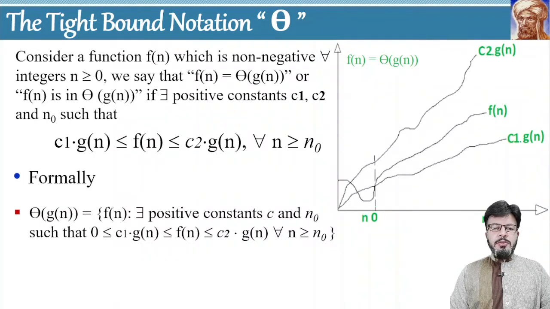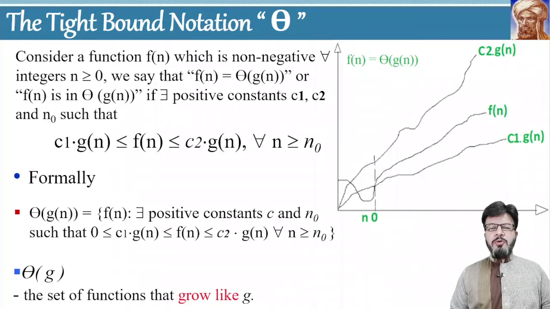Formally, theta of g of n is equal to the set of all functions f of n such that there exist positive constants c1, c2 and n0 such that f of n is greater than or equal to c1 g of n and less than or equal to c2 g of n for all n greater than or equal to n0. What does that mean? The theta of g of n means the set of all functions f of n that grow like g of n. That means all those functions whose growth rate is similar to g of n.